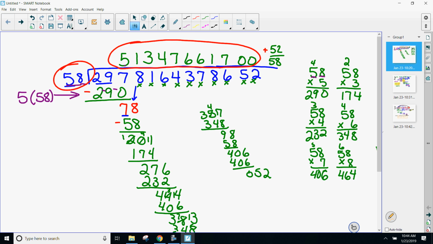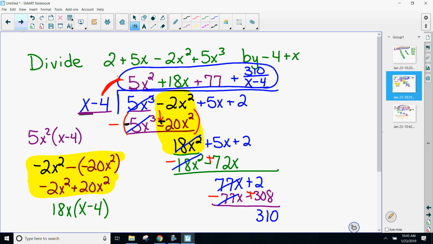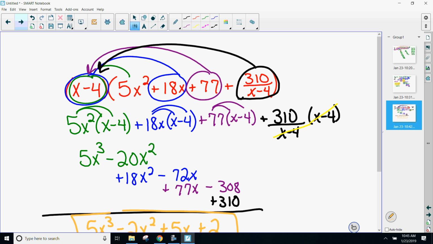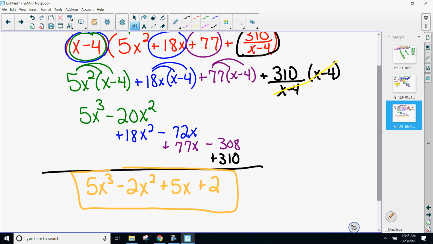Because when I go back, and if I were to take these two and multiply them together, I should get that number right there. So if I multiply these two together, I should get 5x cubed minus 2x squared plus 5x plus 2. What did we get? 5x cubed minus 2x squared plus 5x plus 2.